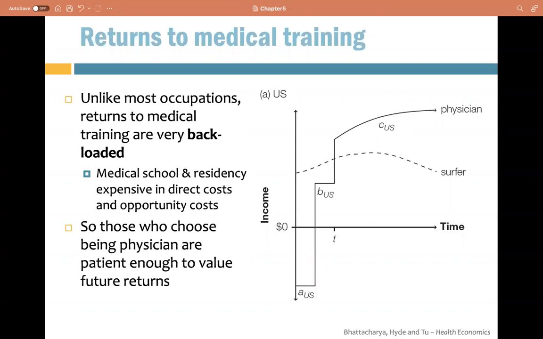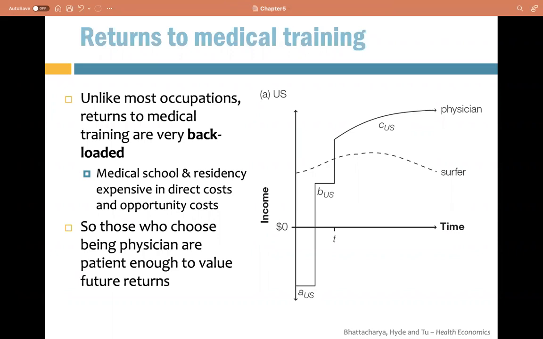Versus a physician, we can see that in the first time period, the income is A, which is a negative value. So A is, let's say, the money you have to put in, the money you spend on living, on getting all the training and tuition. Then moving on to the second period, you earn a positive wage, which is still lower than the server.